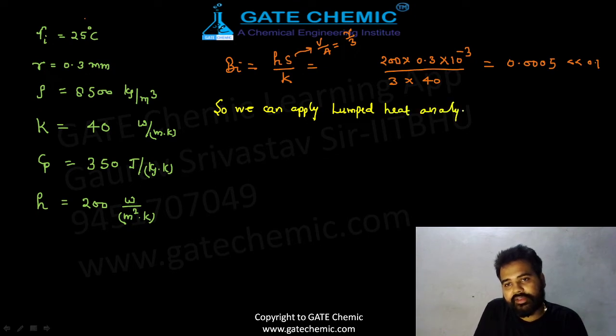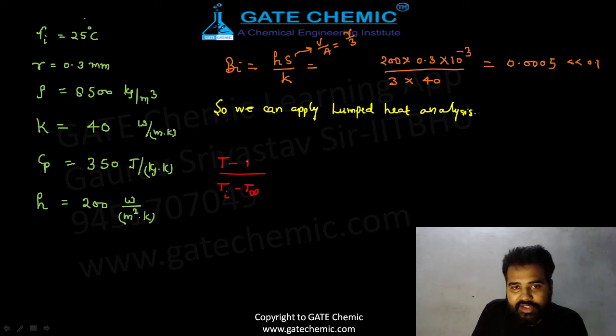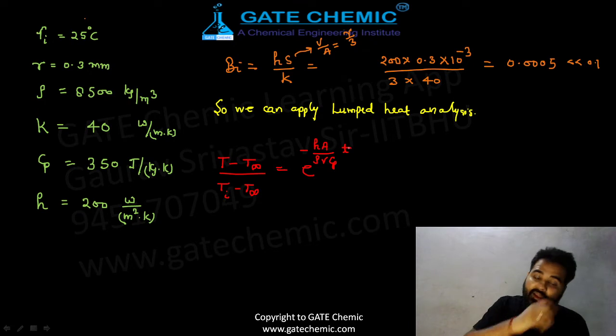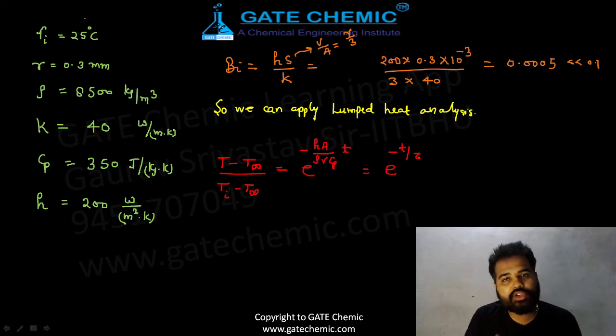In that case, the equation you got finally, I had reminded you: the full temperature difference should be Ti minus T infinite, the full path, and the path you traveled is T minus T infinite, and that equals e to the power minus hA by rho V Cp into t, which can also be written as e to the power minus t by tau, where tau is the time constant.